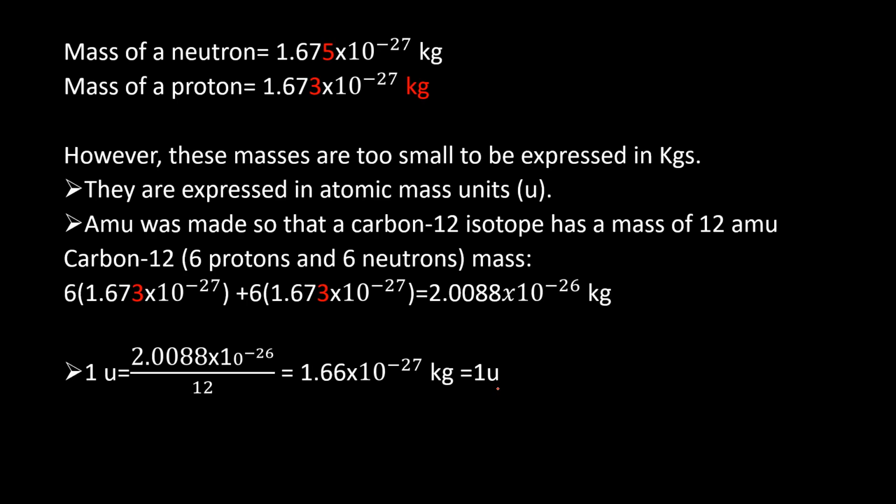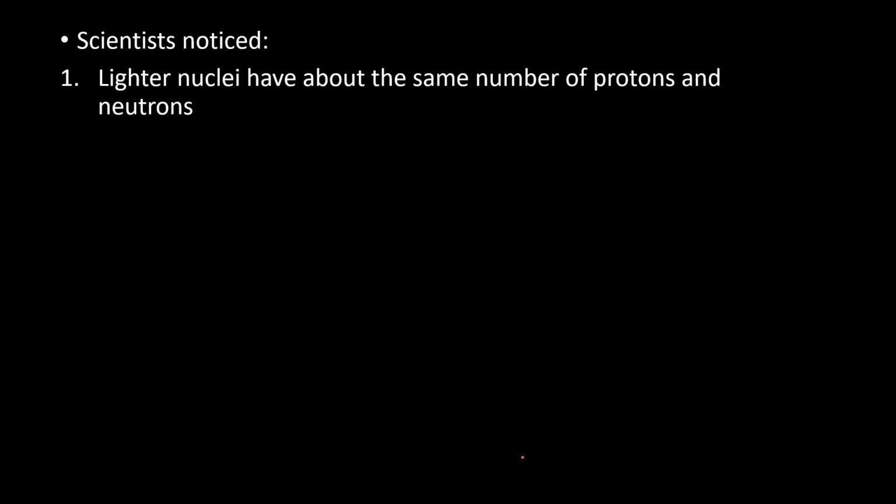So carbon has an atomic mass unit mass of 12, and 1 proton, which is only a little more than this number, is 1.0078 atomic mass units, and 1 neutron is 1.0087 atomic mass units.